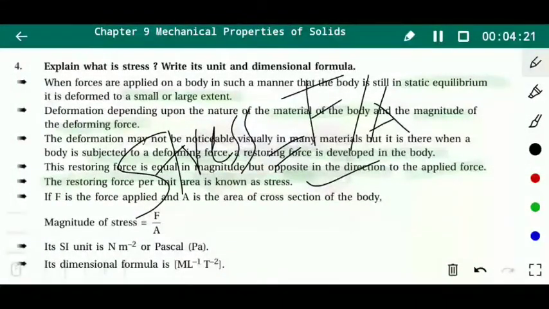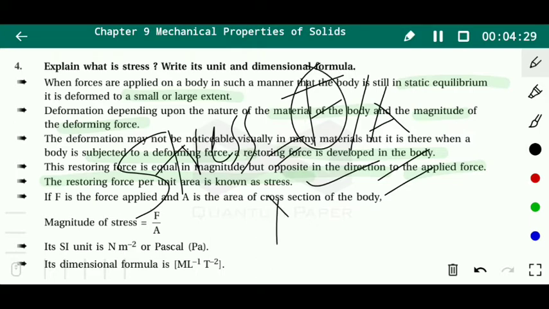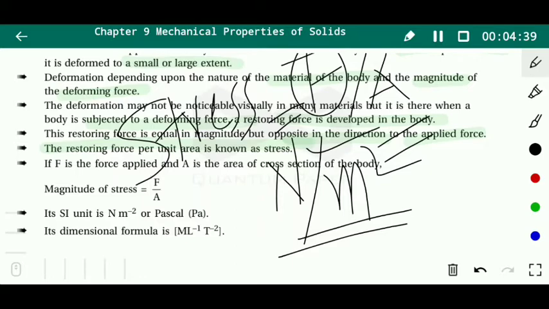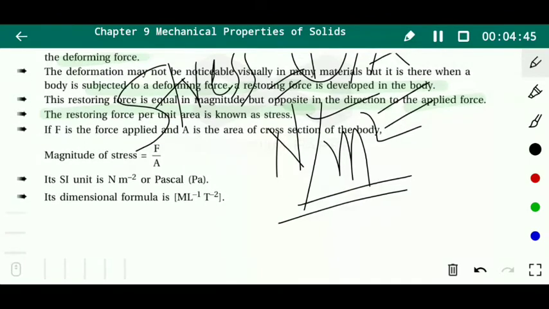The magnitude of the stress is F by A, and the SI unit of stress is Newton per meter square, because F is measured in Newton and area is measured in meter square. Another unit is the Pascal, and the dimensional formula of stress is M1 L raised to minus 1 T raised to minus 2.